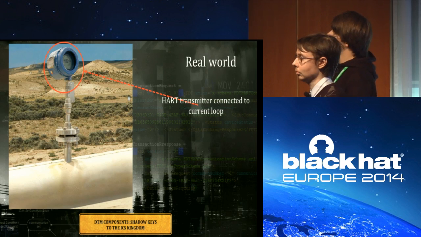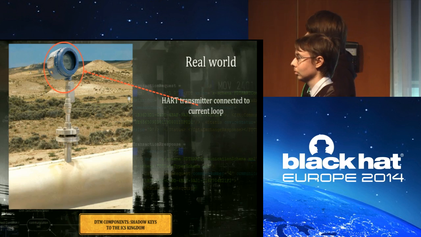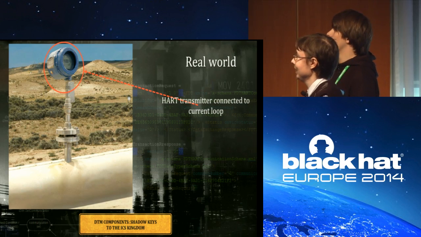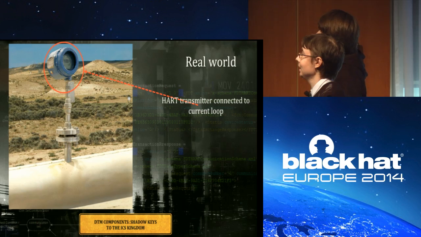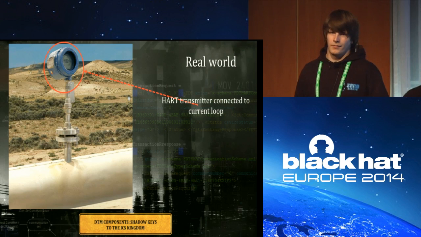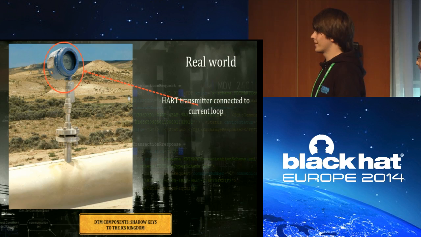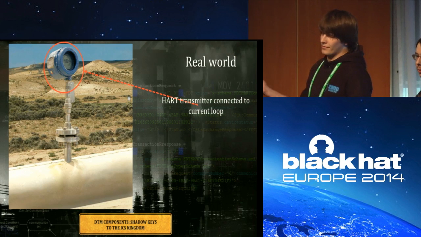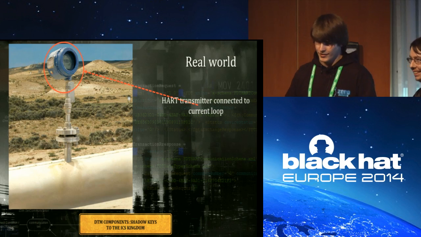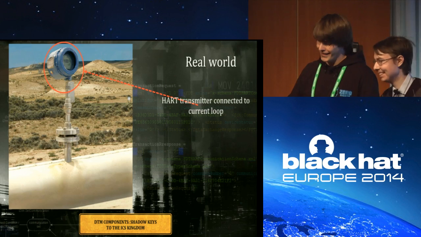As you can see, this HART transmitter is connected to the current loop, and it's mounted directly to the pipeline somewhere in the desert. I bet there is no one for kilometers away, and it's this transmitter alone with evil monsters in the desert. No one helped him.